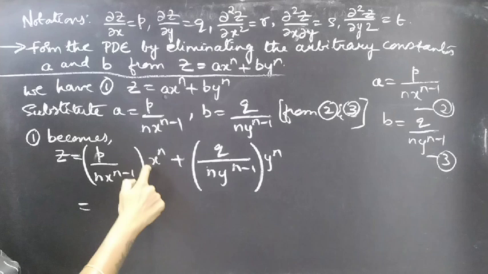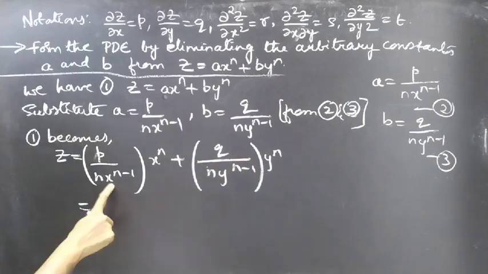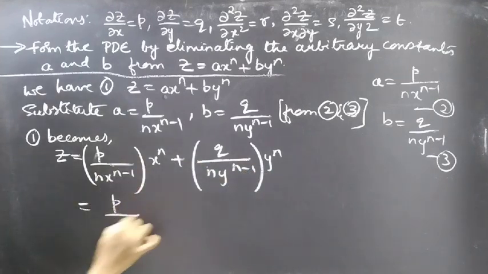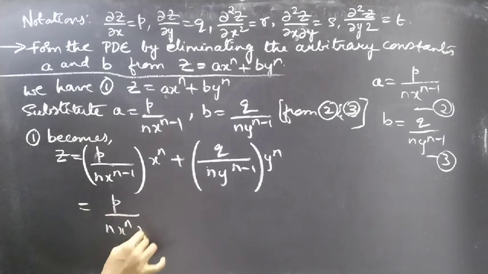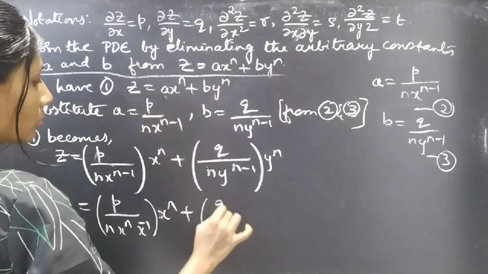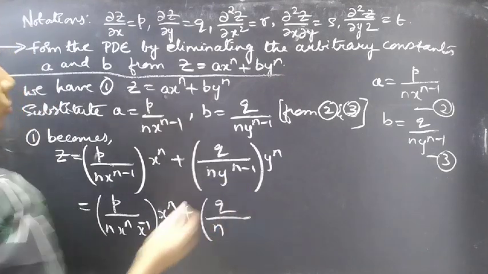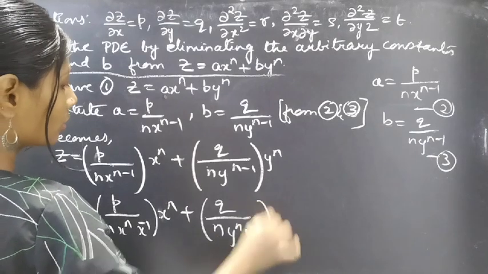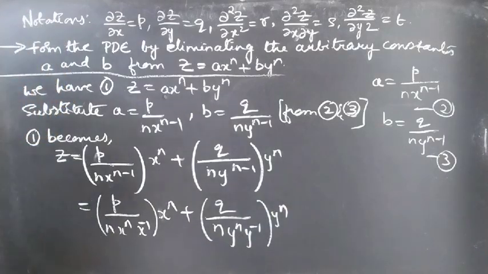See, in order to cancel x power n and y power n, we'll write this x power n minus 1 as x power n into x power minus 1. Likewise, let's write y power n minus 1 as y power n into y power minus 1. Now cancel x power n and y power n.